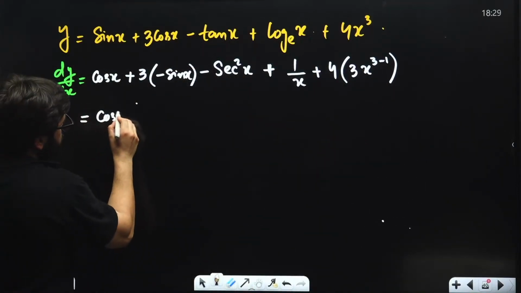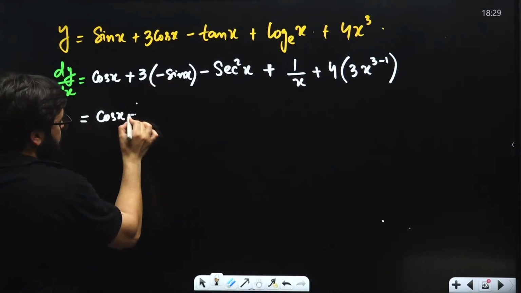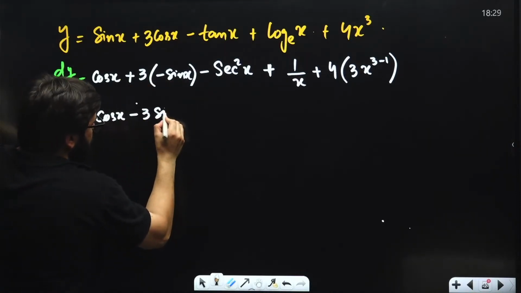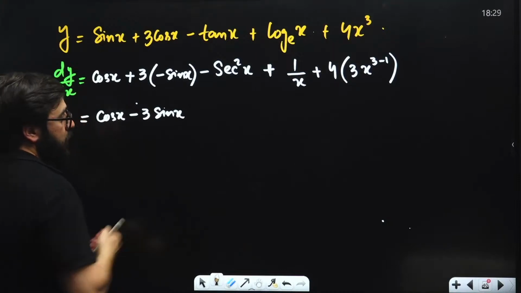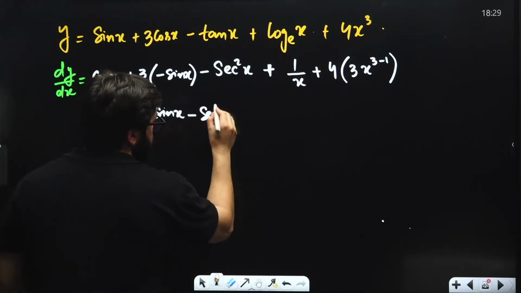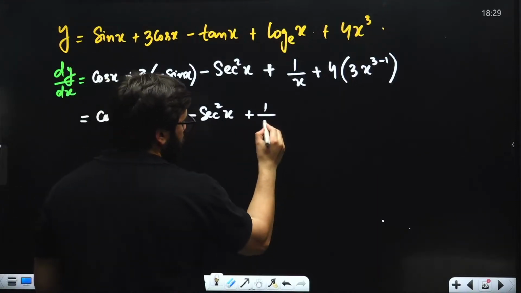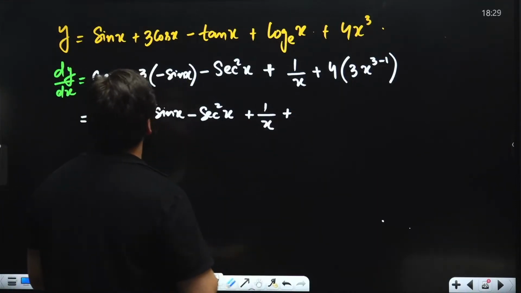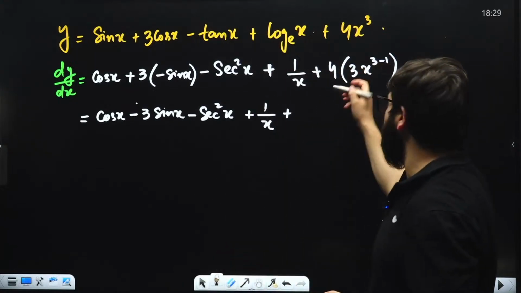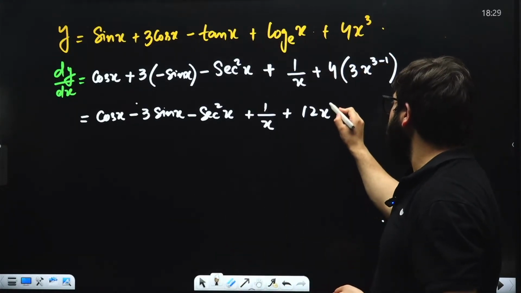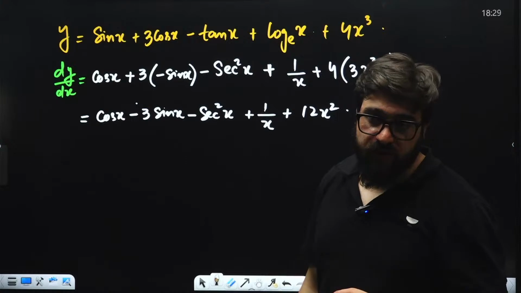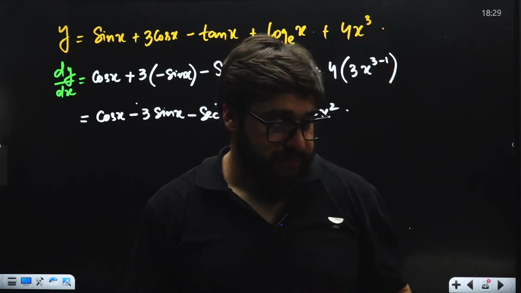This is cos of x. Take this negative sign out, so this will be minus 3 sin of x. Then minus sec square of x plus 1 by x plus, 4 into 3 is 12 x square. So this will be the answer in this particular case.